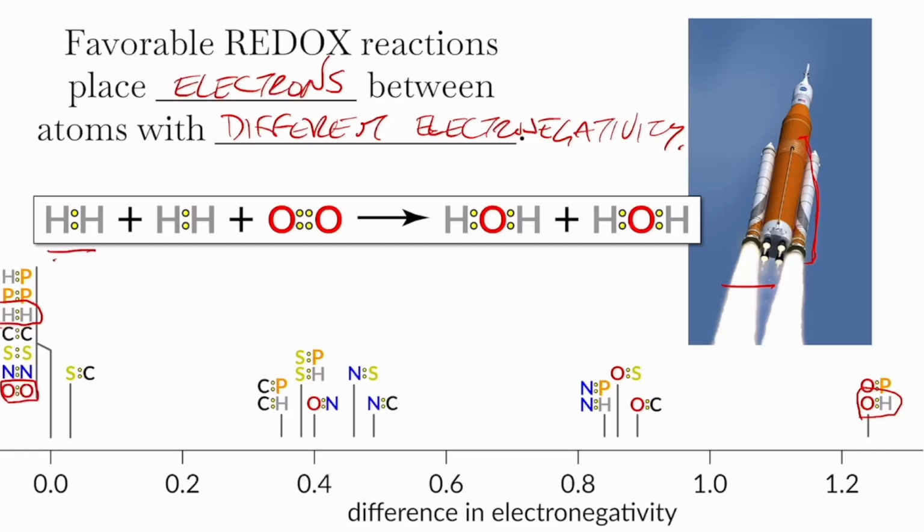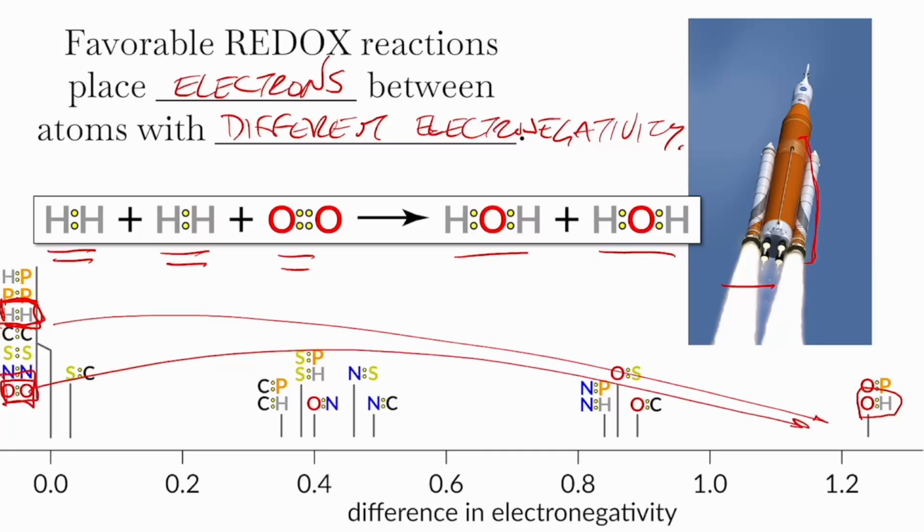This is hydrogen gas with molecular oxygen. When you react those together, you get water out. What that means is we're taking electrons from hanging out between hydrogens and between oxygens, and moving them all the way to the far side of this.